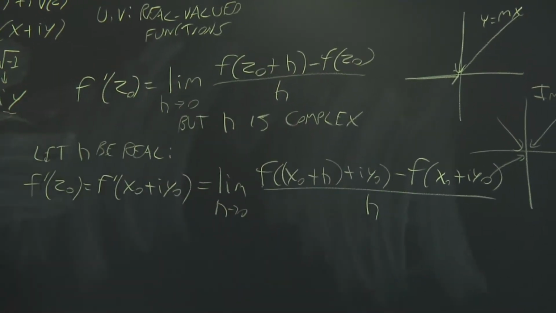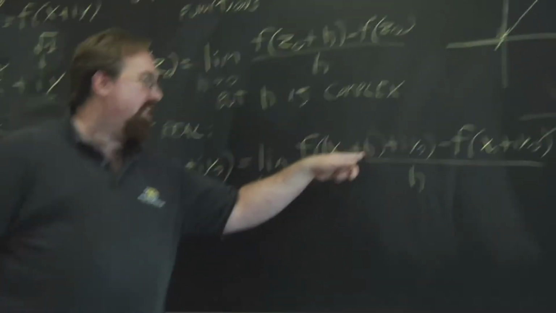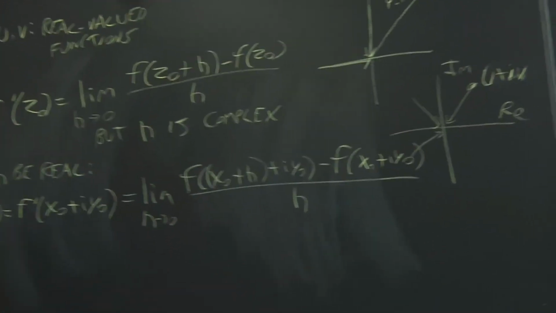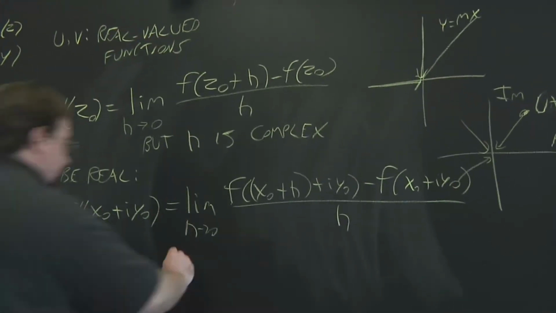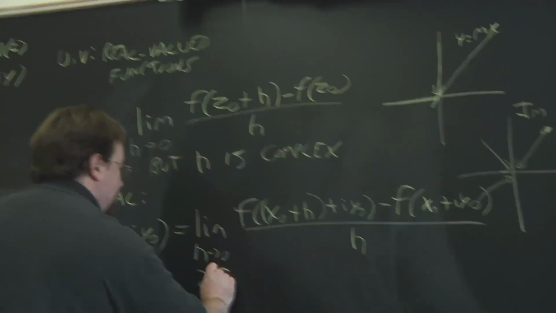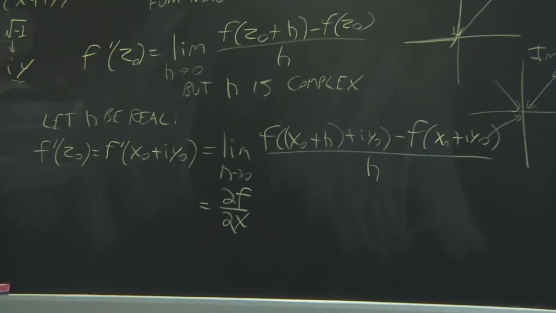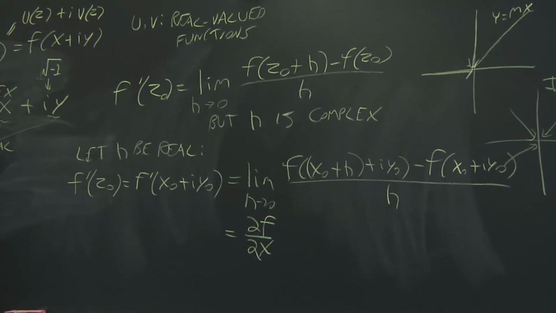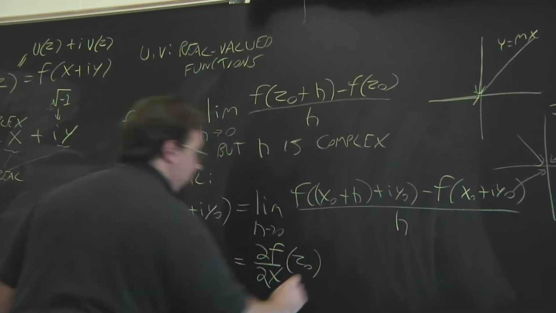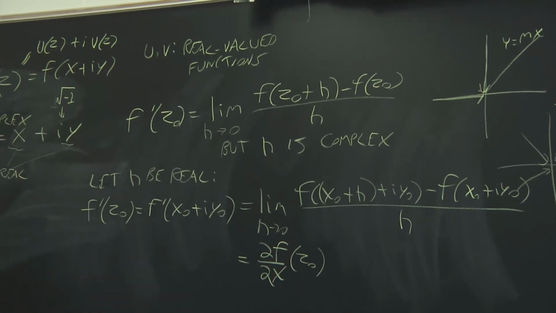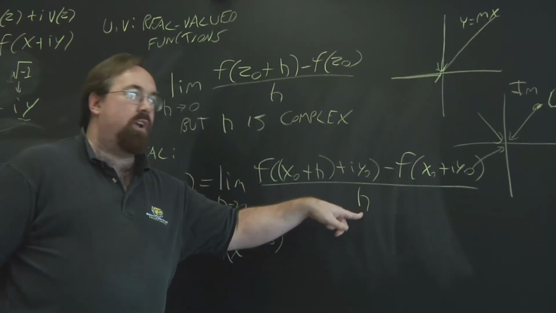So it's only the real part that is changing. It's having its real number h added to it. The imaginary part is staying the same. So you can actually think of this as partial of f with respect to x. So we're differentiating with respect to one of the real variables, the real part, at z naught. So that's what happens if h is a real number.